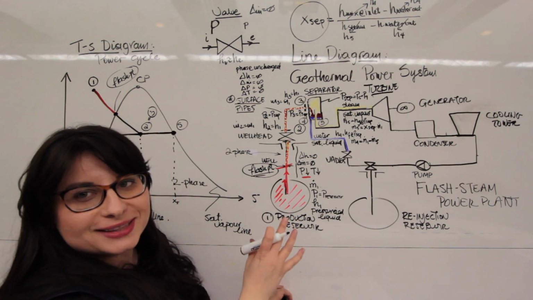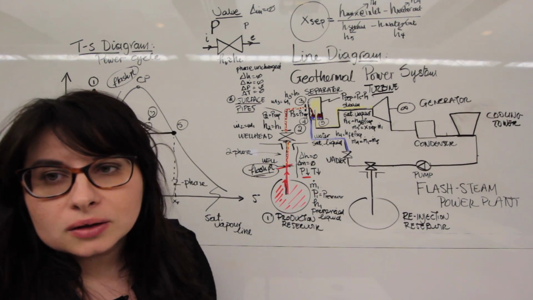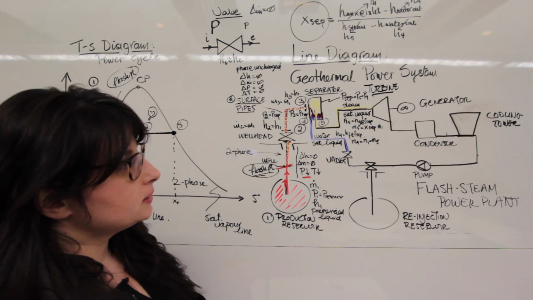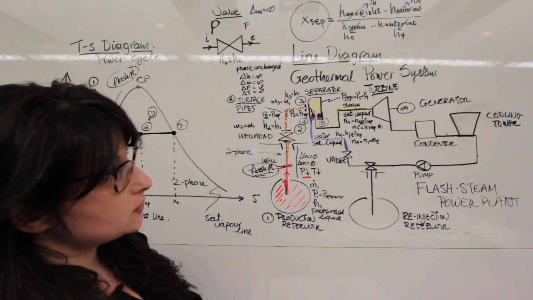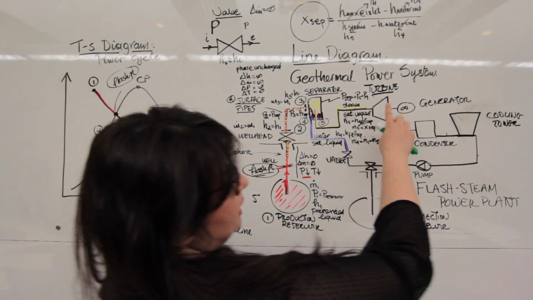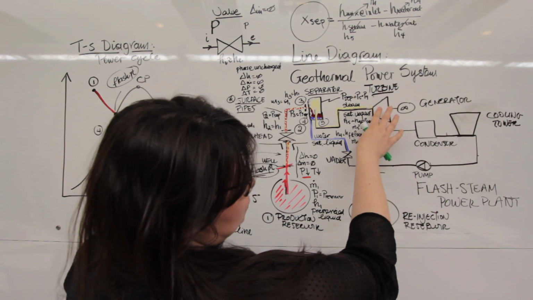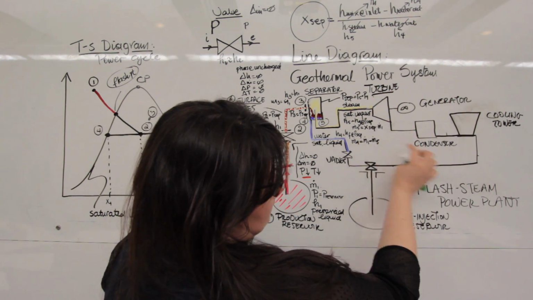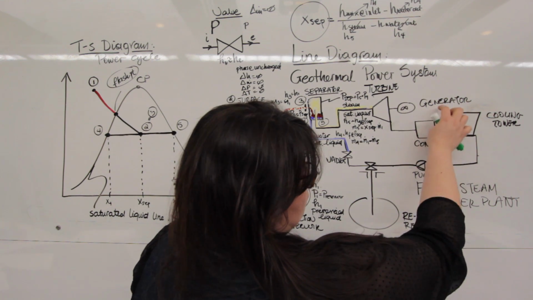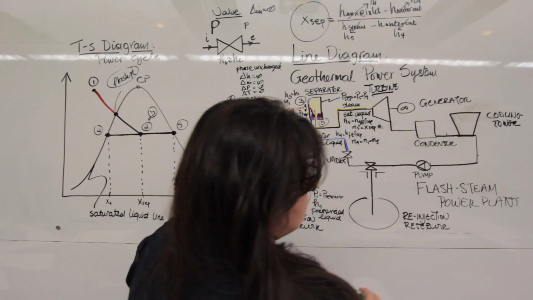I hope you guys can read this. Now let's move on and take a look at what happens in the turbine. Okay, so we're going to take a look at the part of the system that contains the turbine inlet, exit, the condenser, generator, and the cooling tower.